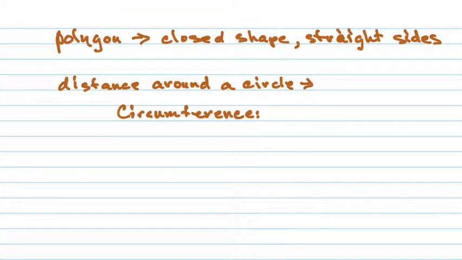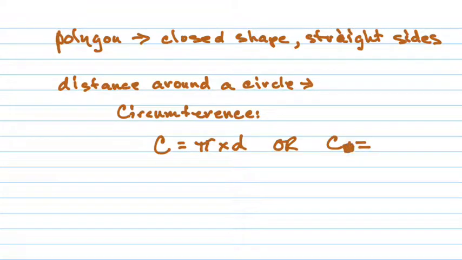And perimeter doesn't have a formula, right? You're just adding the sides. But circumference does, because it's different. It still means the distance around, but this is the only one that has a formula. The formula for circumference is circumference equals pi times d, which stands for the diameter.